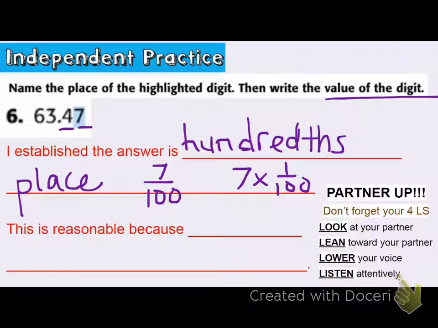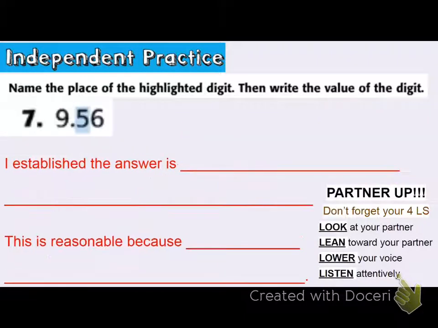Both would be correct. They both show you the value of 7/100. Okay, and also as a decimal, it could have been written as 7/100. All 3 of those are showing the value of the 7, so I know the answer is reasonable because 7 is in the hundredths place.